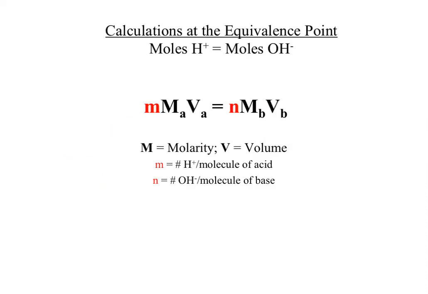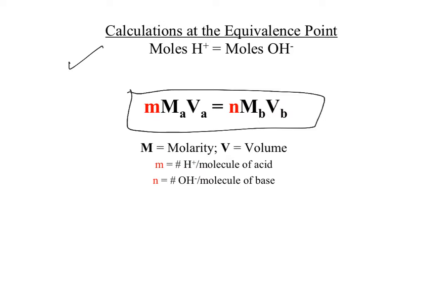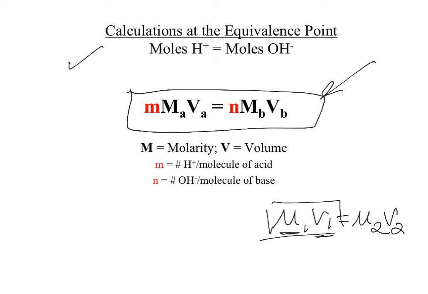Now I want you to listen really carefully to this slide, because this equation is misused very commonly by students. This is a version of the dilution formula. With the dilution formula, if you add two or more solutions together, you can start with the original concentration of the solution and find the diluted concentration with this formula.